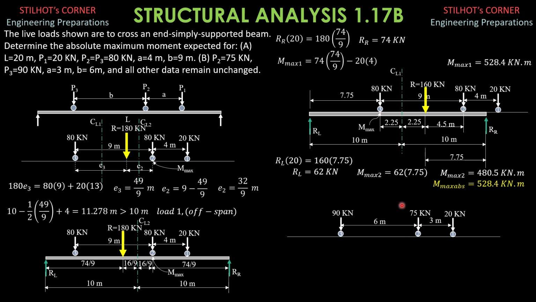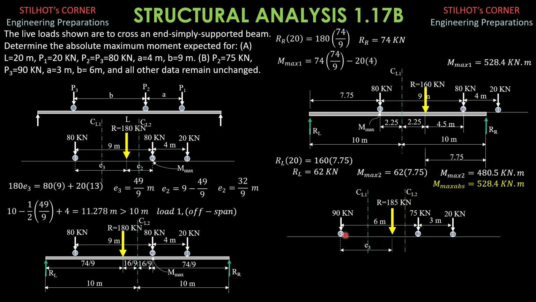Let's have here the resultant, which is 90 plus 75, 165 plus 20, 185 kilonewtons as shown. Let's call that E sub 3, this distance E sub 2. That's the center line. If absolute maximum moment occurs under load 3, this is the center line of the beam, and this is the resultant and 75 kilonewton too.